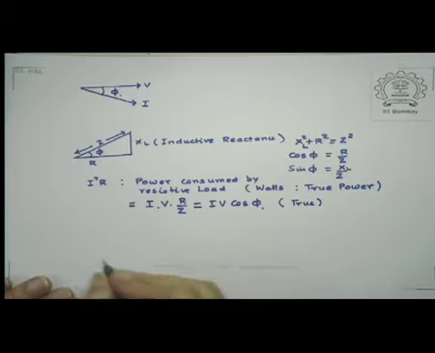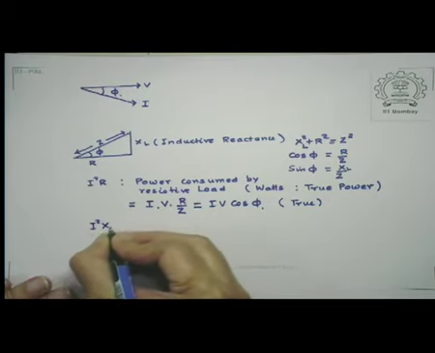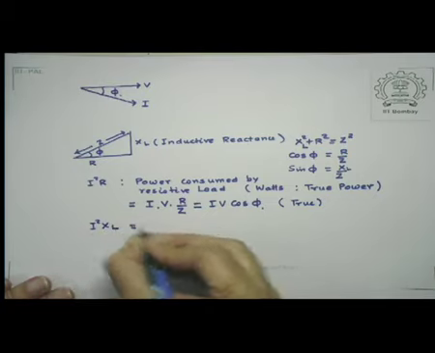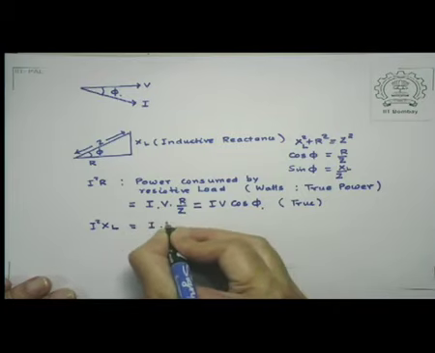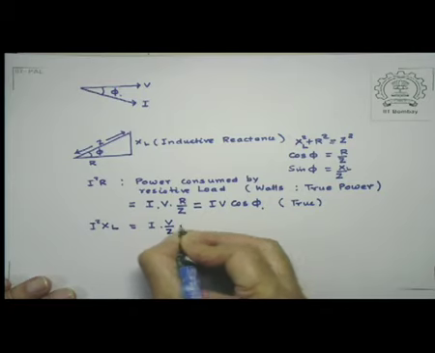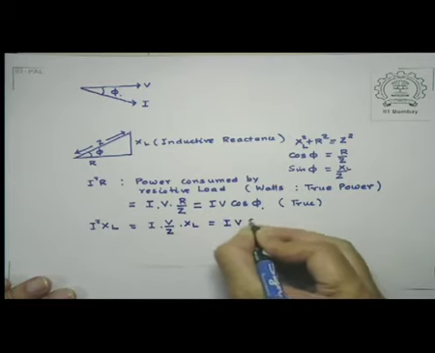And if you look at the corresponding reactive component, this is given by I square XL, and that's equal to I times V divided by Z times XL, and that's equal to I times V times sine of phi.